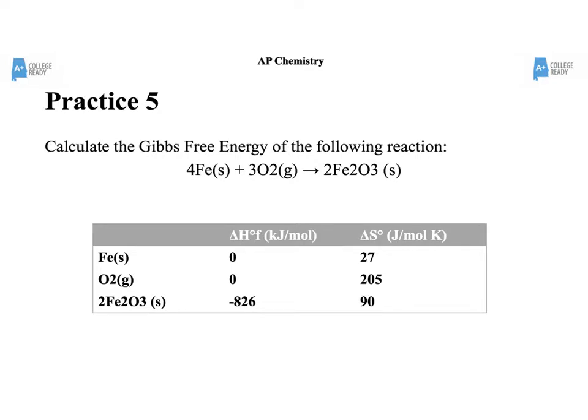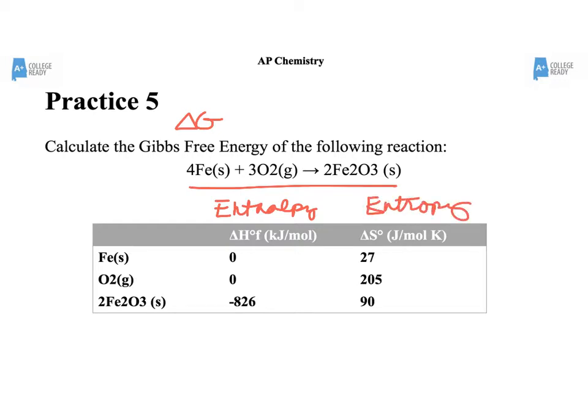So let's calculate the Gibbs free energy for the following reaction. So we want to calculate delta G, and they're giving us this reaction, and they give us a table, and in the table we have enthalpy values and entropy values. So, given those values, we should be able to calculate the delta G. So what are the things that we know?